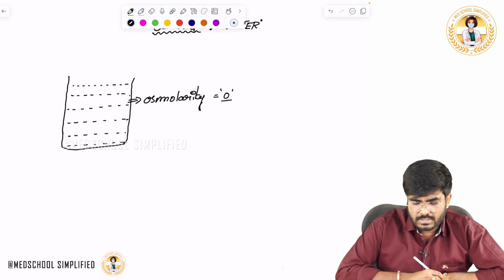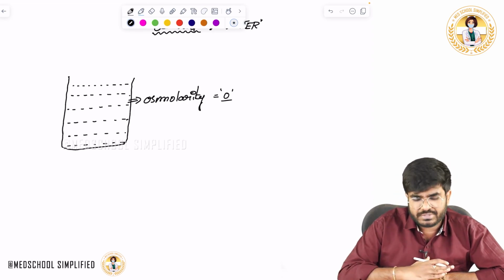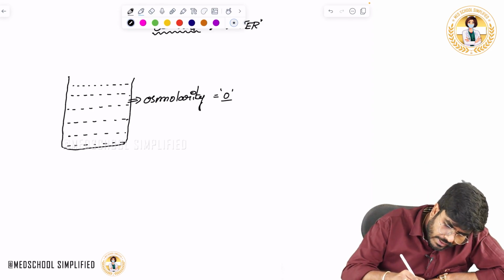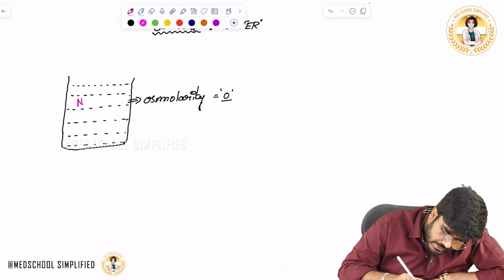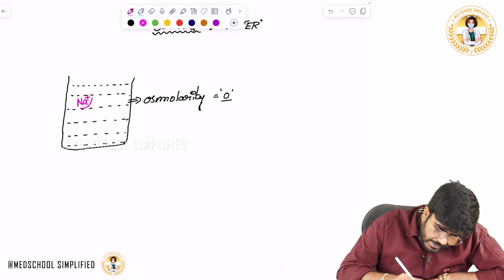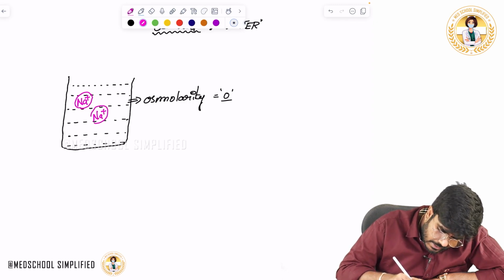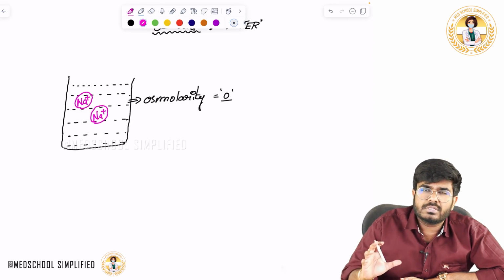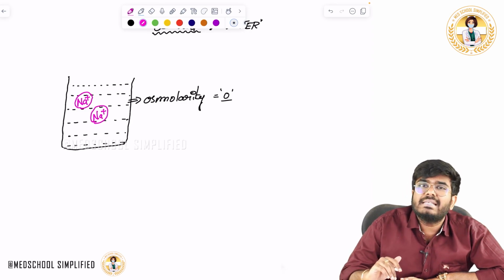It's pure water molecules, and all the water molecules are free. Now, when I add electrolytes like sodium and chloride, if I am adding this salt, what happens? Now the water molecules will be occupied. The sodium is going to bind with the water molecules, so the number of free water molecules is decreasing.